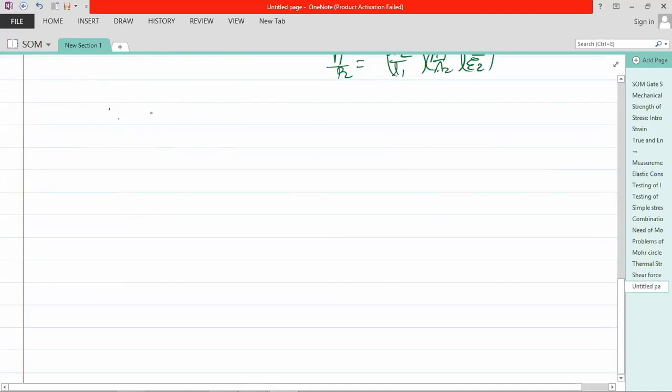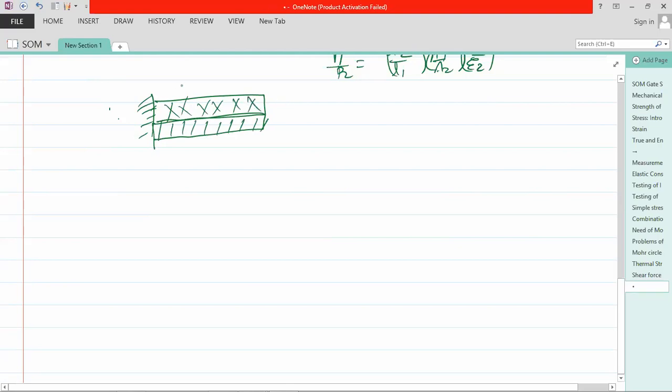Suppose you are given two bodies, one body and a second body. Both are different bodies. The first has length L, A1, alpha 1 that is the thermal coefficient, and E1.